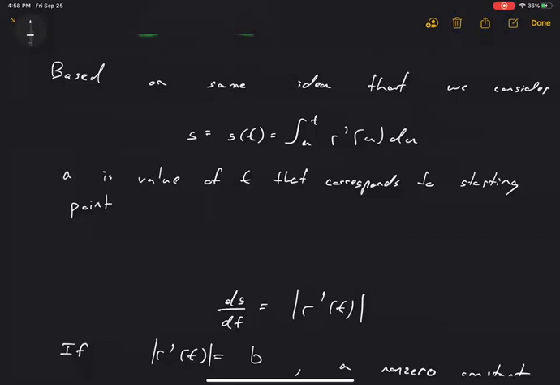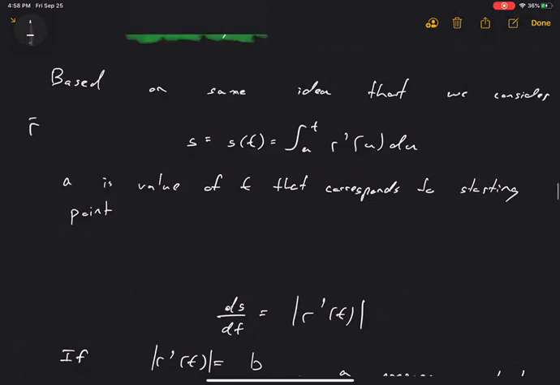Okay. So let's say I have my vector valued function. It's given in terms of some parameter t. And I set up my arc length function like this, where a is that value of my parameter that corresponds to my starting point.